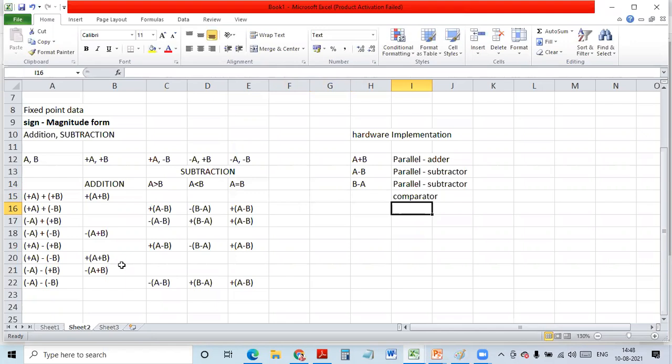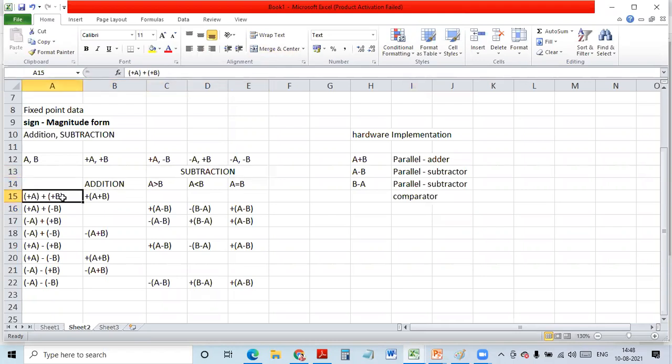How would we know the sign relationship? The relationship between the signs of the two numbers, based on which you will decide whether it is addition or subtraction, right?